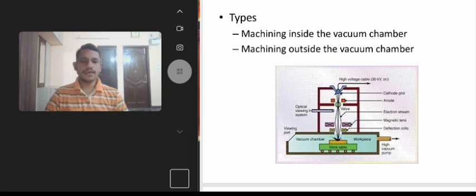Now we will see the working. When the high voltage DC source is given to the electron gun, the tungsten filament wire gets heated and the temperature rises up to 2500°C.